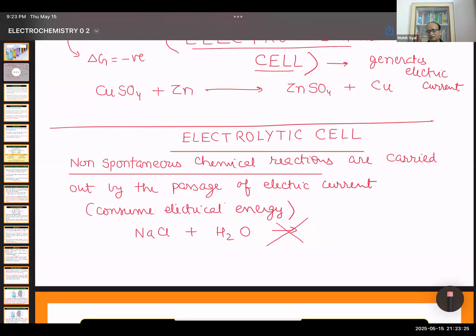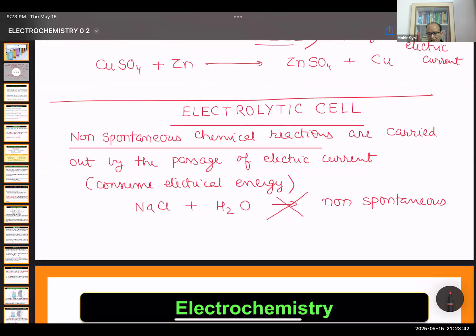Non-spontaneous, I should write. It means they can't react on their own. So what we do is pass some electric current, and they will start reacting in some other way. By the passage of electric current they start breaking down.